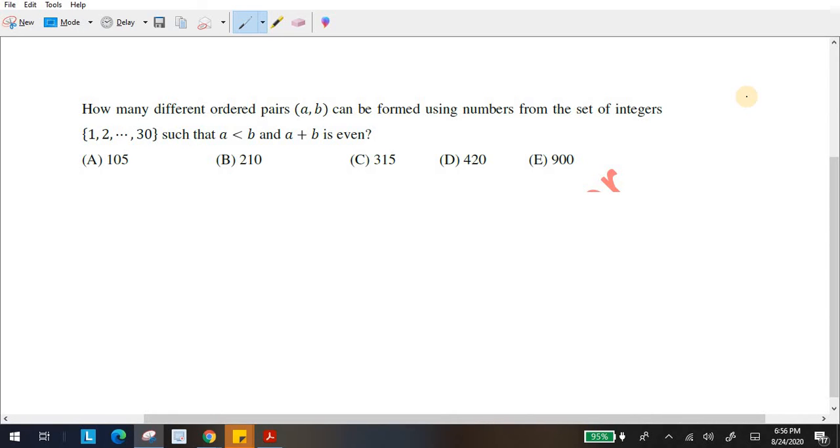Between 1 and 30, there will be 15 odd numbers, right? So we're just going to do 15C2. 15C2 is 15 times 14 over 2, which is 15 times 7. That's 105. Then let's do even, same exact thing, so 210.